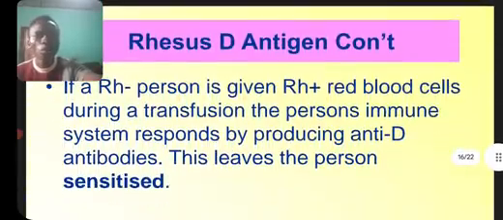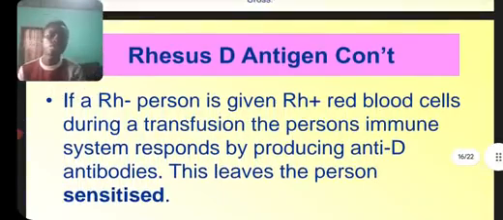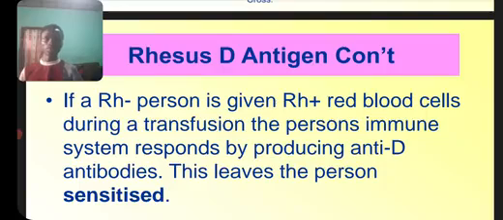Now, for this continuation, if a person is rhesus negative and is given blood that contains the rhesus positive antigen, blood that has cells with the antigen D on their surfaces, this individual responds by producing anti-D antibodies, and this leaves the person sensitized.